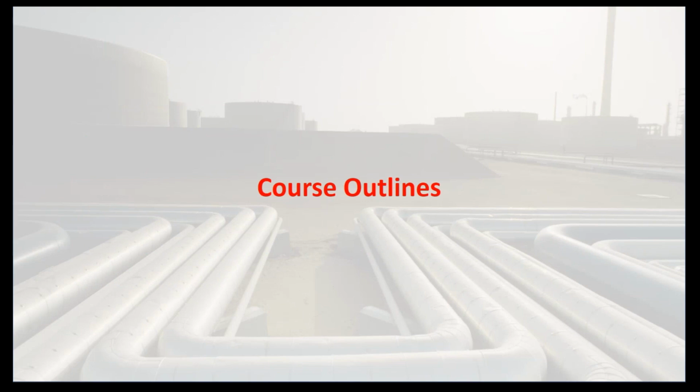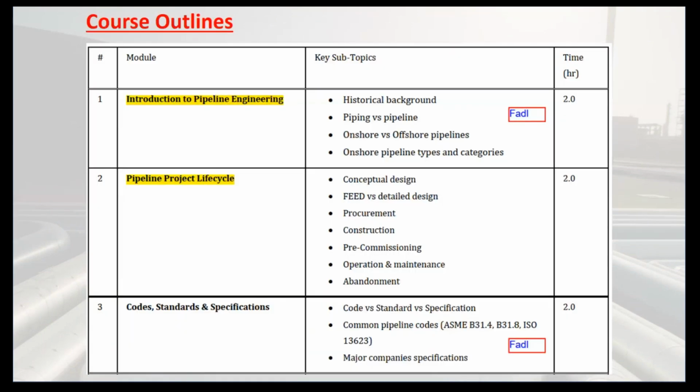Okay, so course outlines. I think all of you have seen this, but these are the course outlines. In the module Introduction to Pipeline Engineering, we will take an introduction, then a historical background of pipelines, comparing piping versus pipeline, onshore versus offshore pipelines. Also, the course is onshore pipelines, but you need to know the difference. What are offshore pipelines?